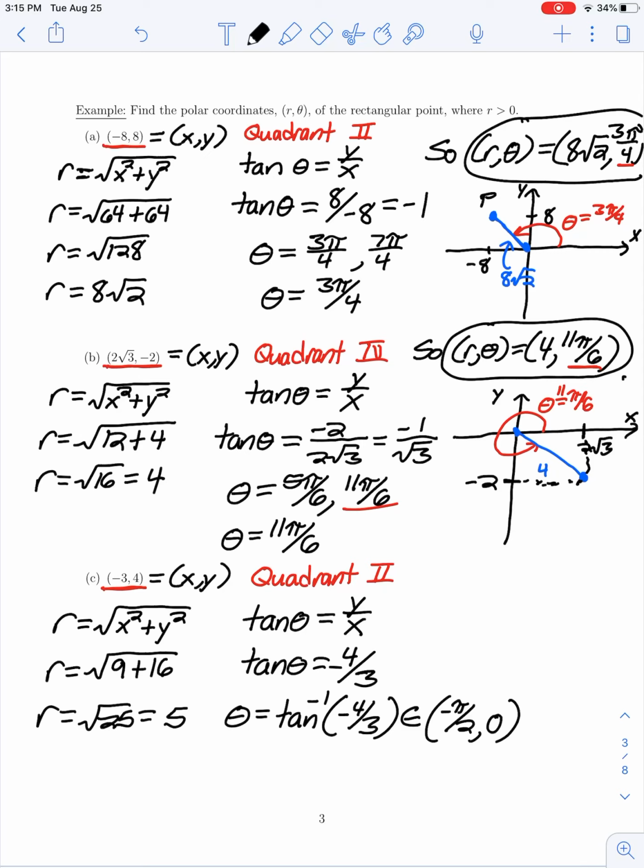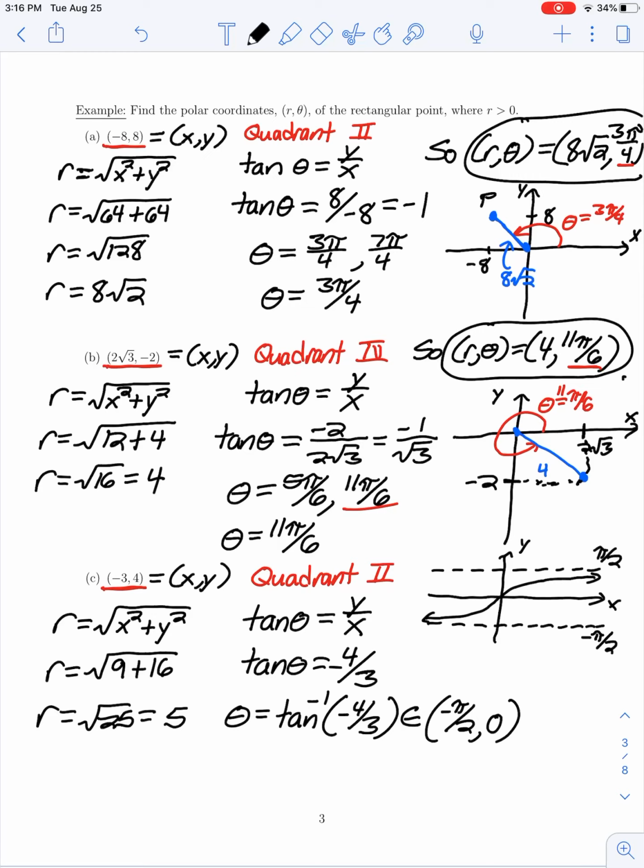Now, why would that be the case? Well, recall that the range of the arctangent function is restricted. So if we look at the graph of the arctangent function, it has horizontal asymptotes of positive pi over 2 and negative pi over 2.